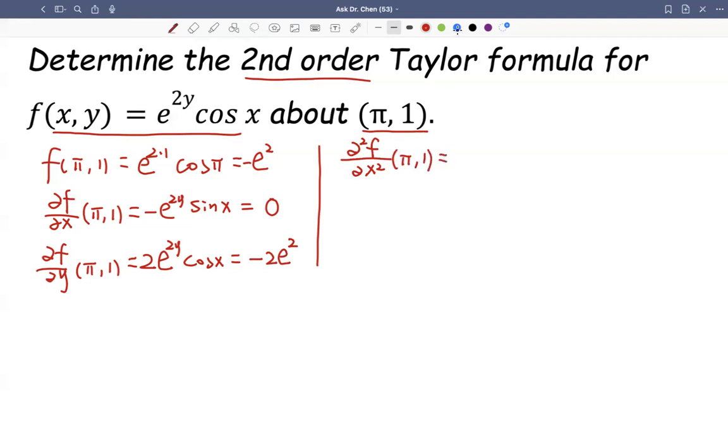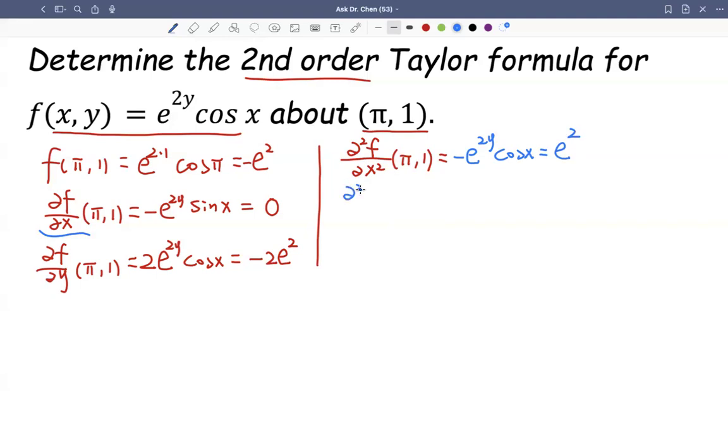Which means we take the derivative of this one, which is negative e to the 2y sine x. We take the derivative with respect to x, sine x becomes cosine x. So we get negative e to the 2y cosine x. And we evaluate at (pi, 1). So cosine pi again is -1, negative becomes positive. So we get e squared.